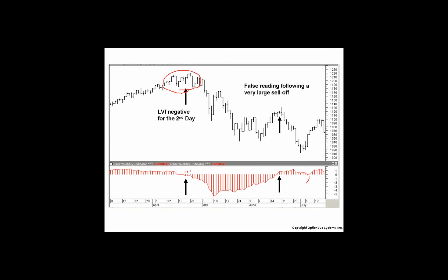Look at this. The market started getting volatile. Even though it was going up, it started getting volatile before the big flash crash on May 6th of last year. And had you been observing this thing, this would have given you huge pause. Going into it, we would have had several negative days in a row here to alert you that, hey, the environment is getting kind of shaky here.